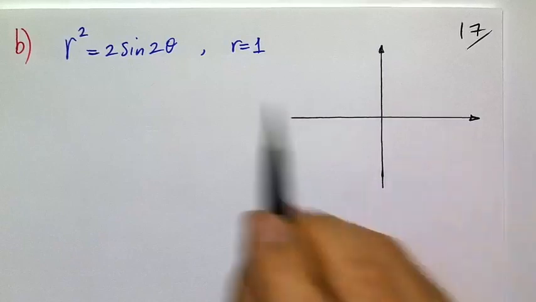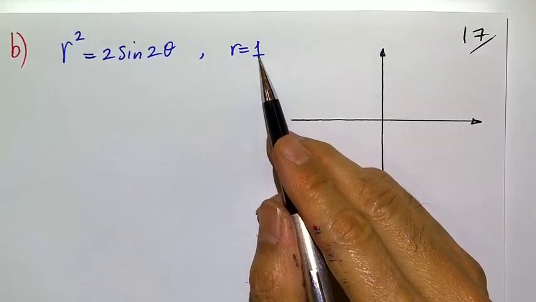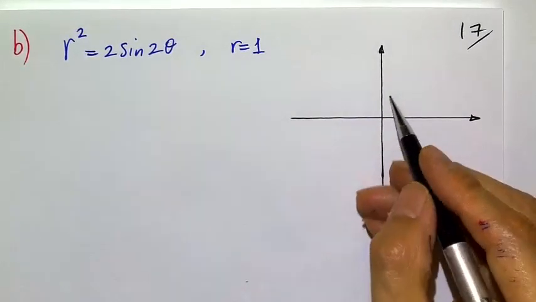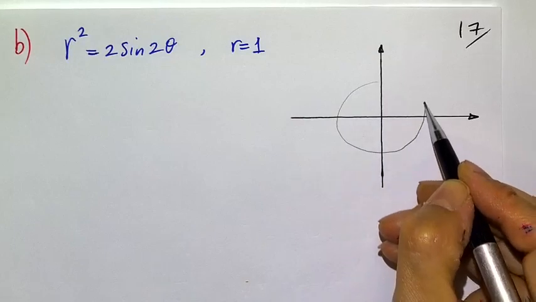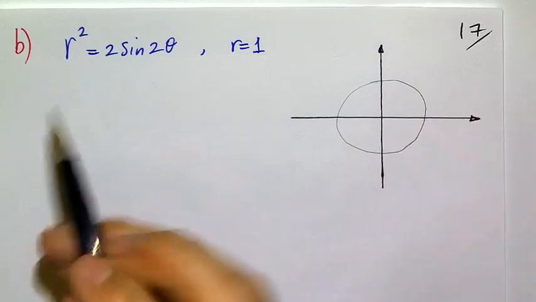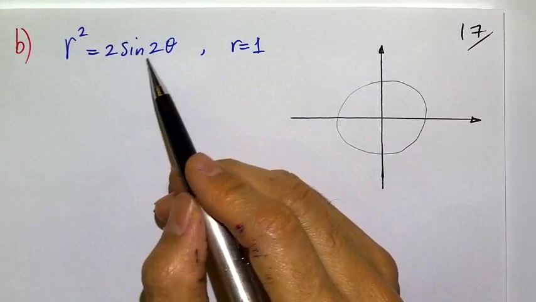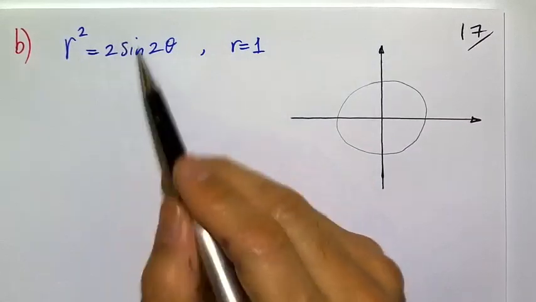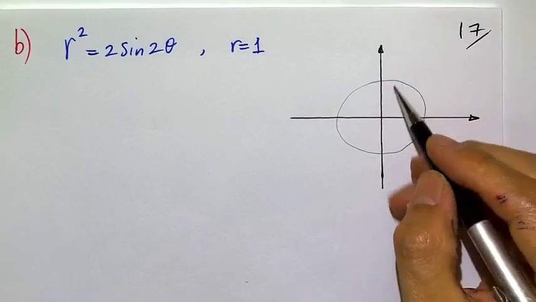Okay, so for this circle, this is a circle at the origin with radius 1. Like that. And then this one is a lemniscate. It's like an infinity symbol. The symbol for infinity, it's just a lemniscate, as it's called. So let me try to also draw that.